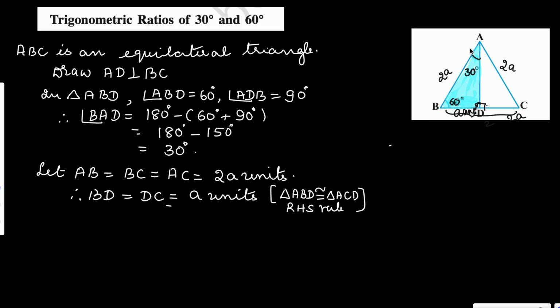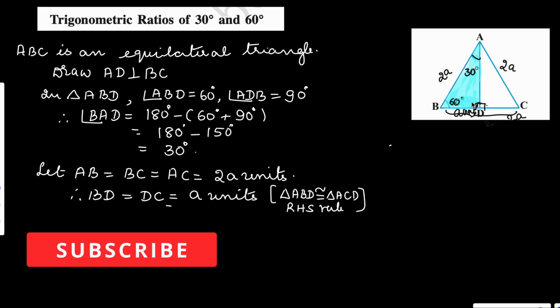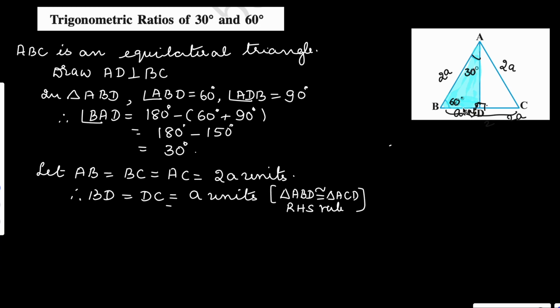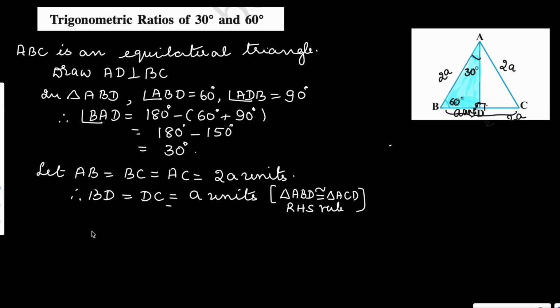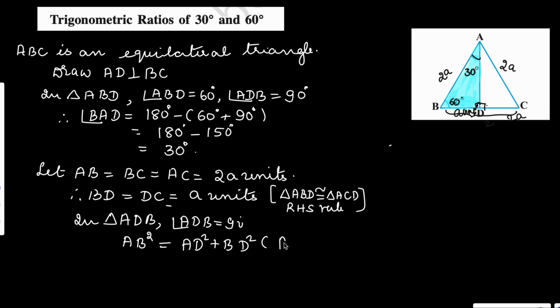Now in triangle ADB, if we find AD, we can find all the trigonometric ratios of 60 degrees and 30 degrees. So we have to apply the Pythagoras theorem in triangle ADB. Angle ADB is equal to 90 degrees. So AB square is equal to AD square plus BD square. So here AB is 2A, (2A) whole square is equal to AD square, which we need to find, plus BD square, which is A square.